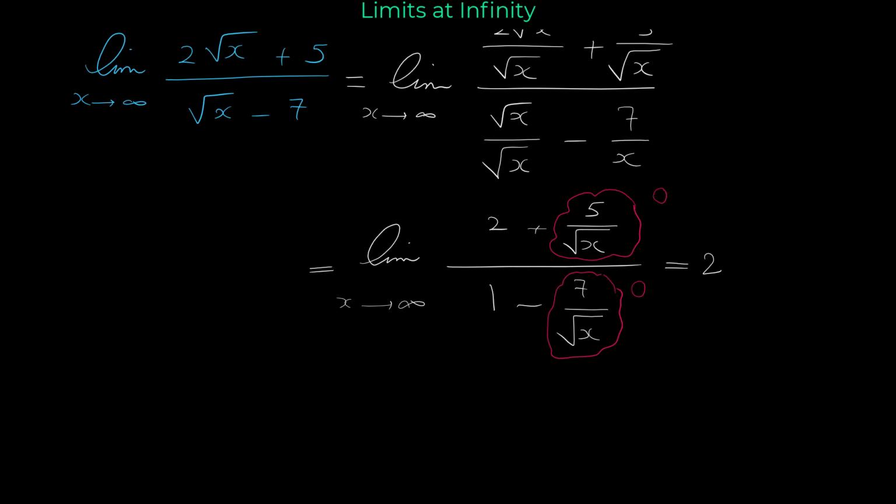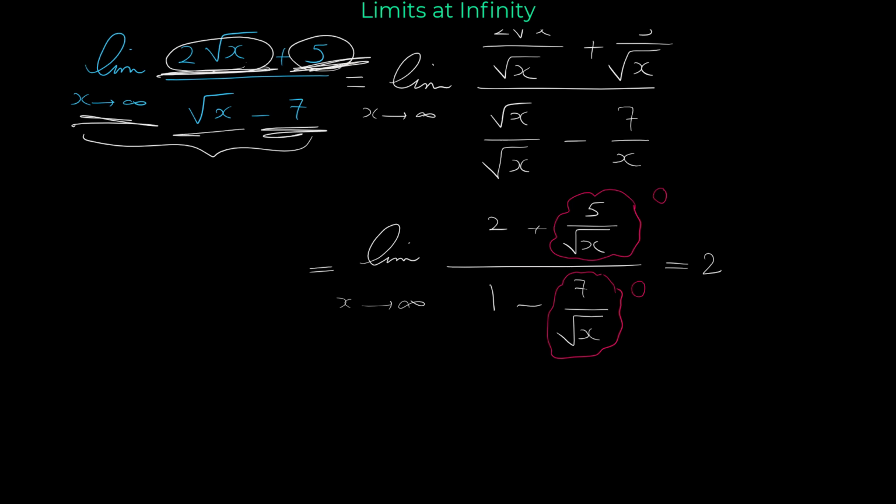Look at this limit here. In the numerator we have 2 radical x and 5. Because x approaches infinity, 5 compared to 2 radical x can be ignored. It's nothing because x goes to infinity and 2 radical x approaches infinity, but 5 is a constant. Also in the denominator, 7 compared to radical x is nothing.